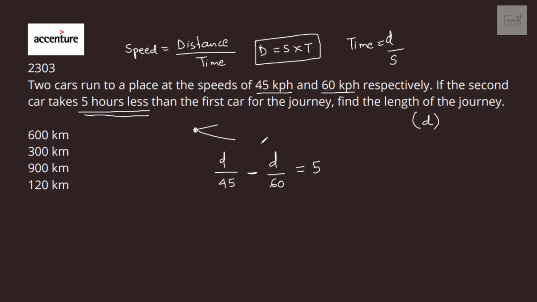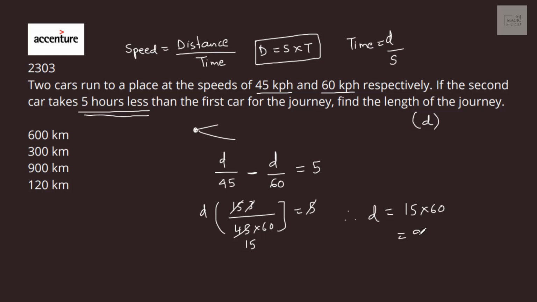If we simply solve this, we can find the value of d. D common, 60 minus 45 is 15, by 45 into 60 is equal to 5. 5, 3, 3, 15. So the distance they are traveling is 15 into 60, that is 900 kilometers. And that features in, yes, option C.